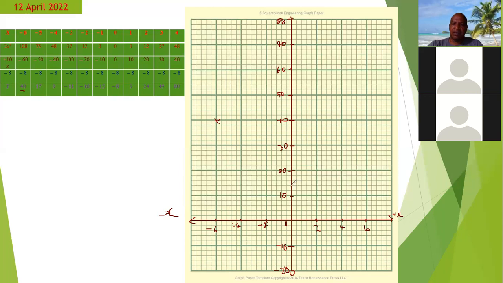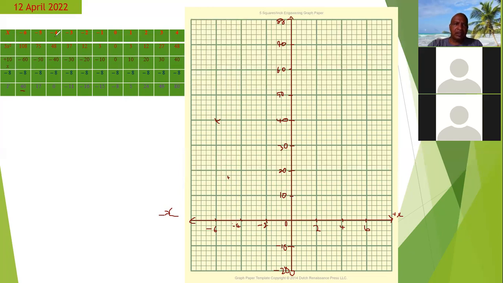Remember, each of these tiny boxes is now equal to 2 on the y-axis. So if we're at 10, then we have 12, 14, 16, then 17 is somewhere right here in between. So we're going all the way to 5, and 5 is in the middle here, right about here.